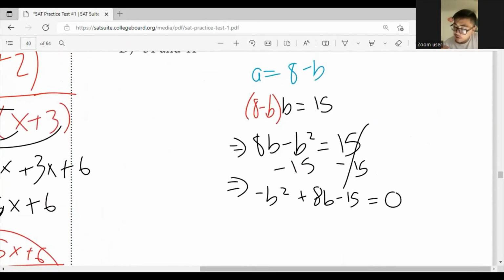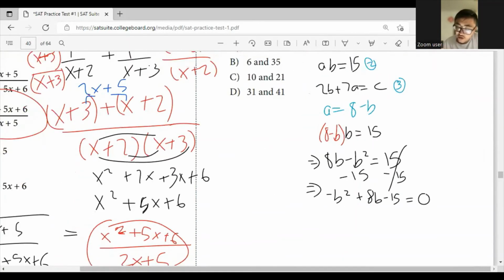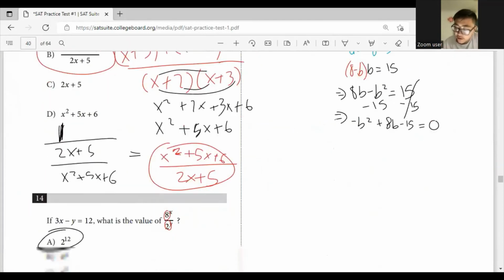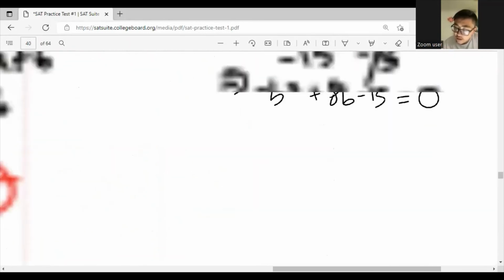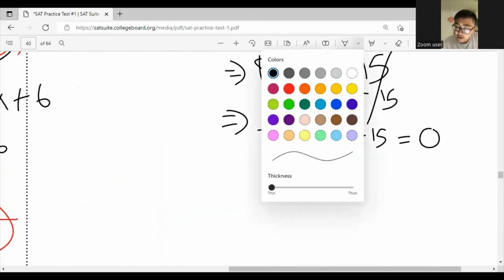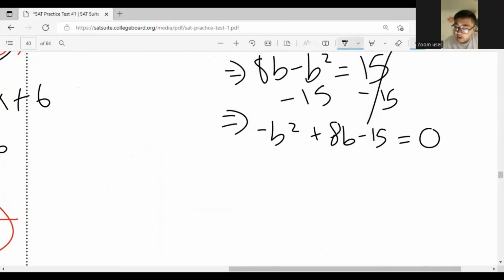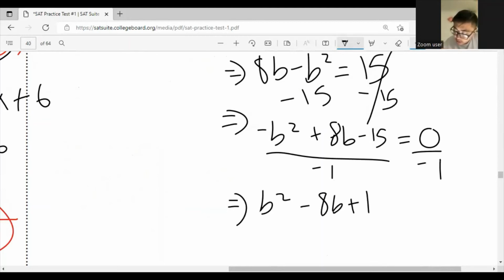There's another way you could have done this, but I really want to make sure you guys understand how I'm getting some numbers before I even say it, okay? So I want to say, okay, minus b squared plus 8b minus 15 equals 0. I'm going to divide by -1 because I want to factor this and make it look easier. So b squared minus 8b plus 15 equals 0.